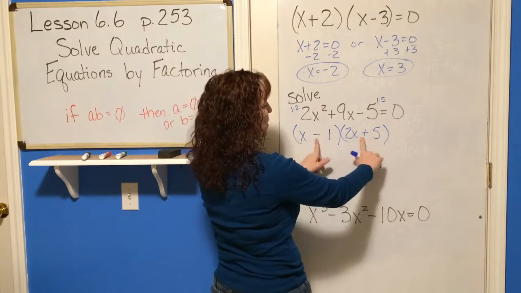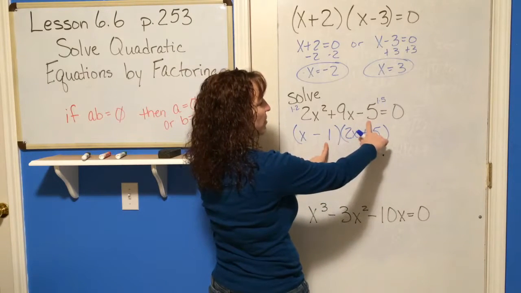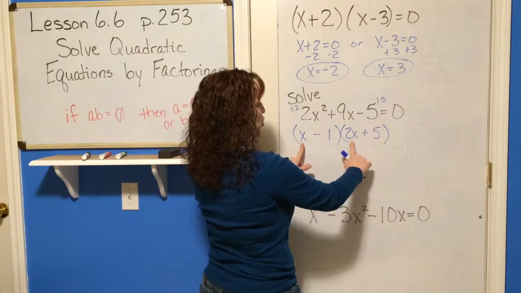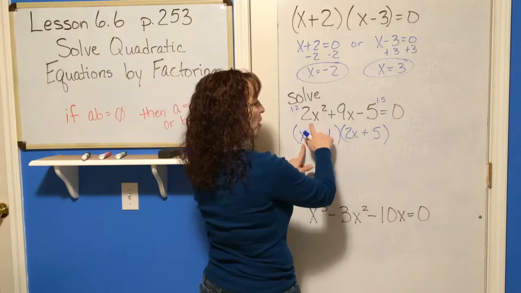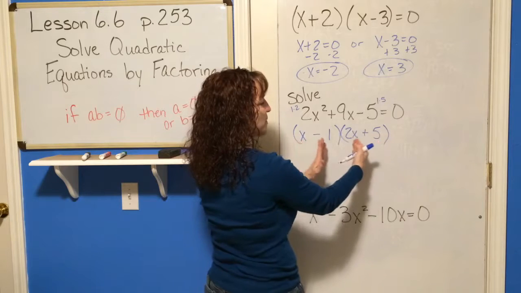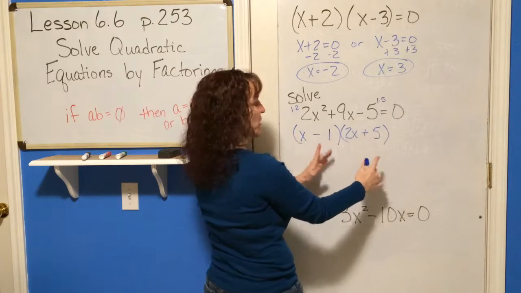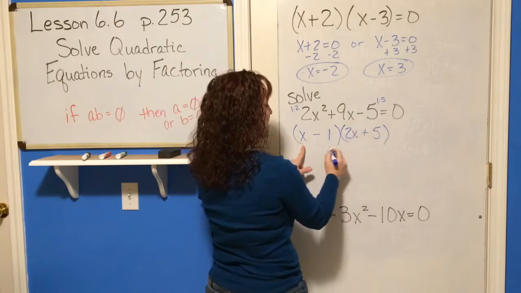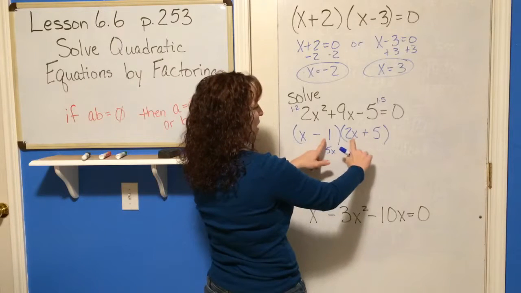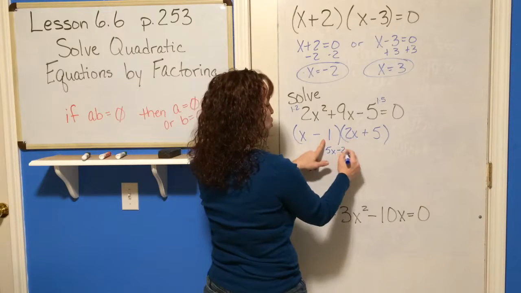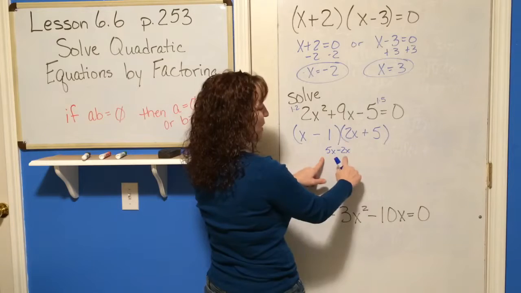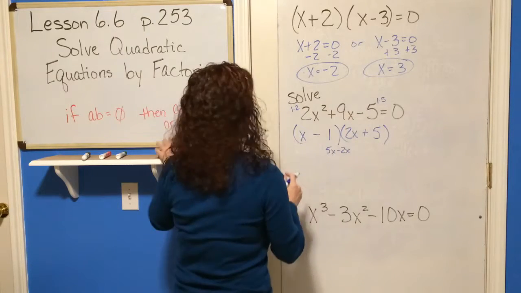Because I know -1 times 5 is -5, and I know the first term, 2x times x, is 2x squared. Now I need my outsides plus my insides to be 9x. So let's check them and see. 5 times x is 5x, and -1 times 2x is -2x. 5x minus 2x is 3x. So that's not right.